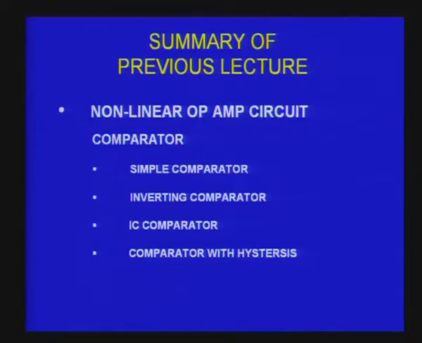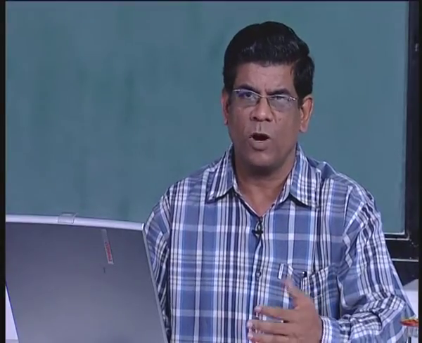As you all know, a comparator is a device which compares two voltages, and the output will change to either VCC or minus VCC depending upon which voltage applied to either the inverting or the non-inverting inputs of an operational amplifier is larger.